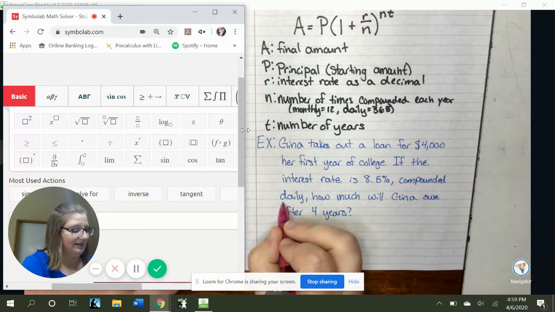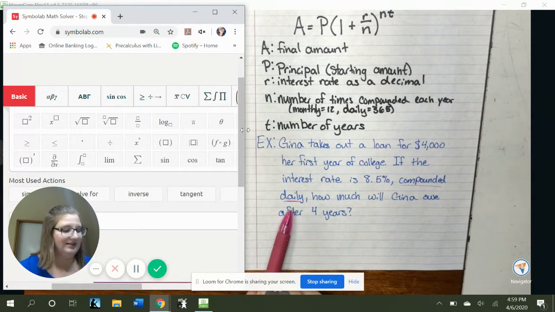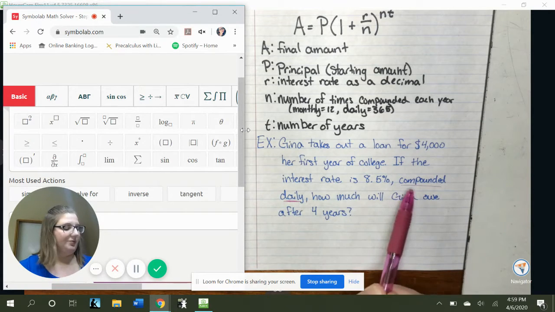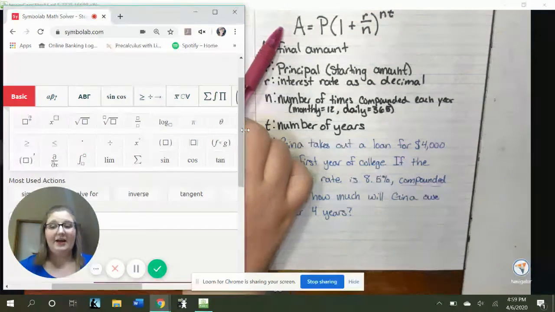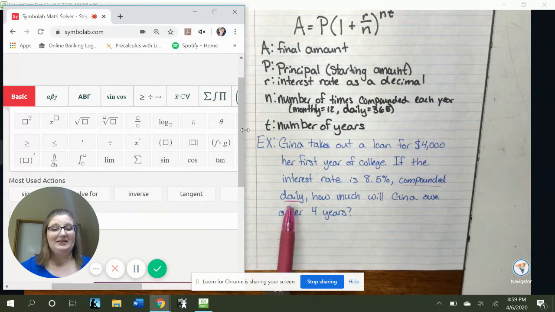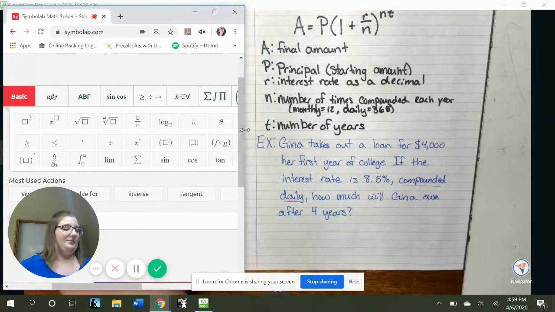Because it's compounded daily, that's a specific number of times per year. If it does not say the word continuously right after the word compounded, then we always use this formula. The only time we use the other formula from the other video is if it says the word continuously. Since it doesn't, we know we need to use this formula.